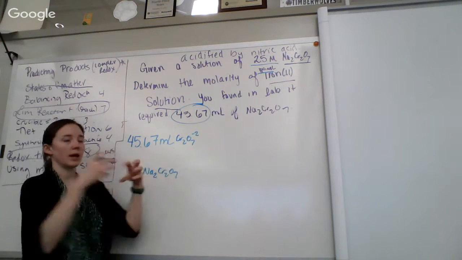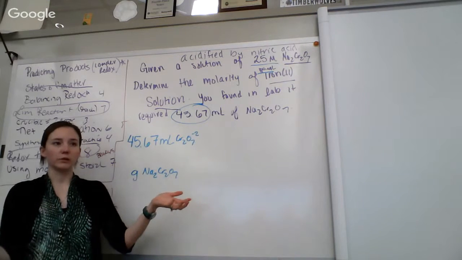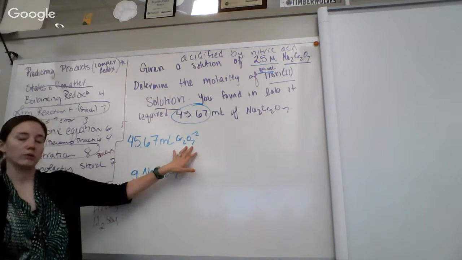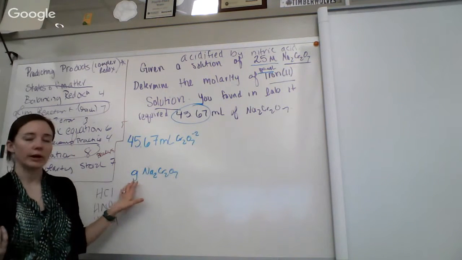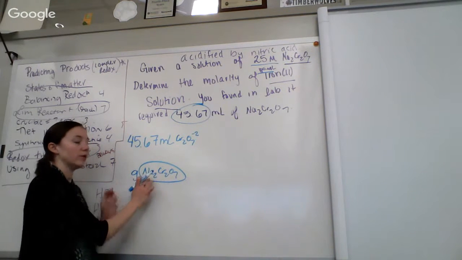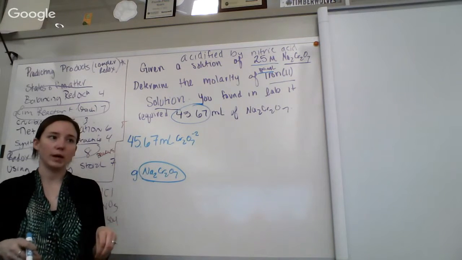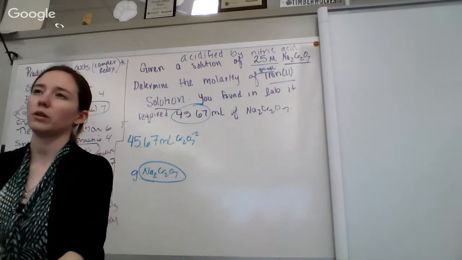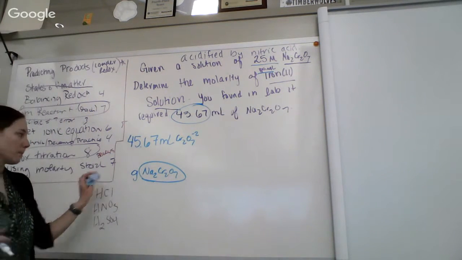But in solution, my ions are separated. So I'm just curious what's happening in the ions, and it's okay to just focus on the ions. If you're in grams, you have to focus on the whole compound because that mass is representative of how much sodium and how much dichromate, because this is before you put it in solution. Does that make sense? Can you just explain that again?